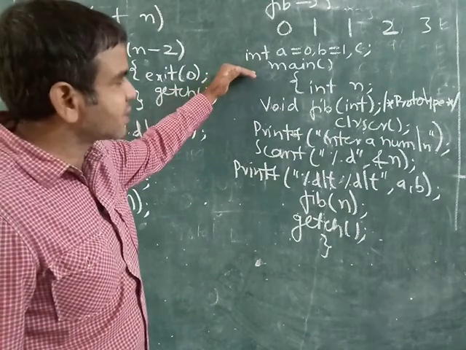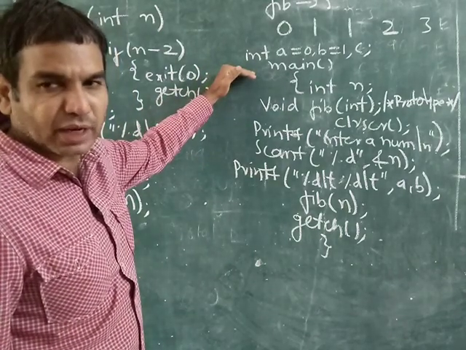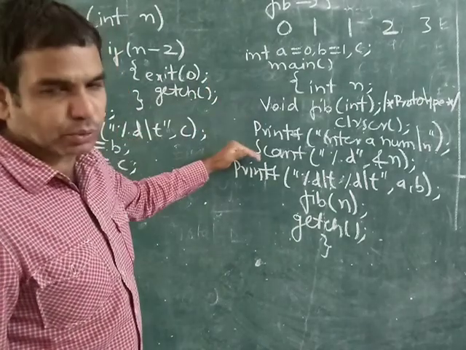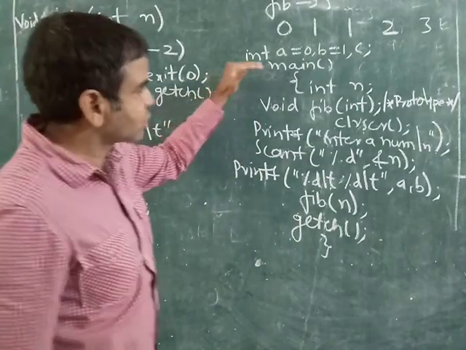Global means the variable values will be available and applicable to the main program and the subprogram also. First a value is 0, b value is 1.